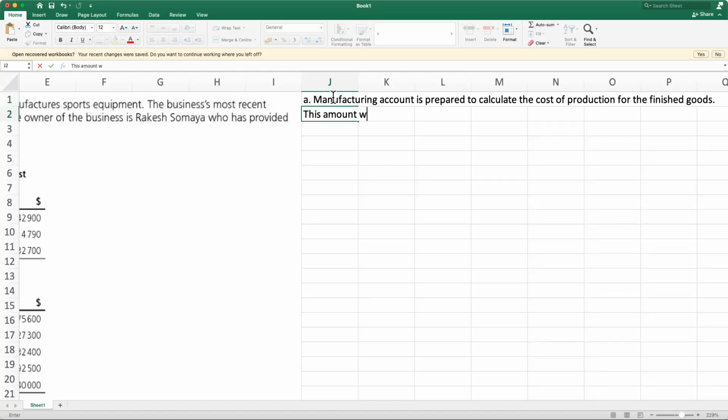This amount will be required to calculate the cost of goods sold.